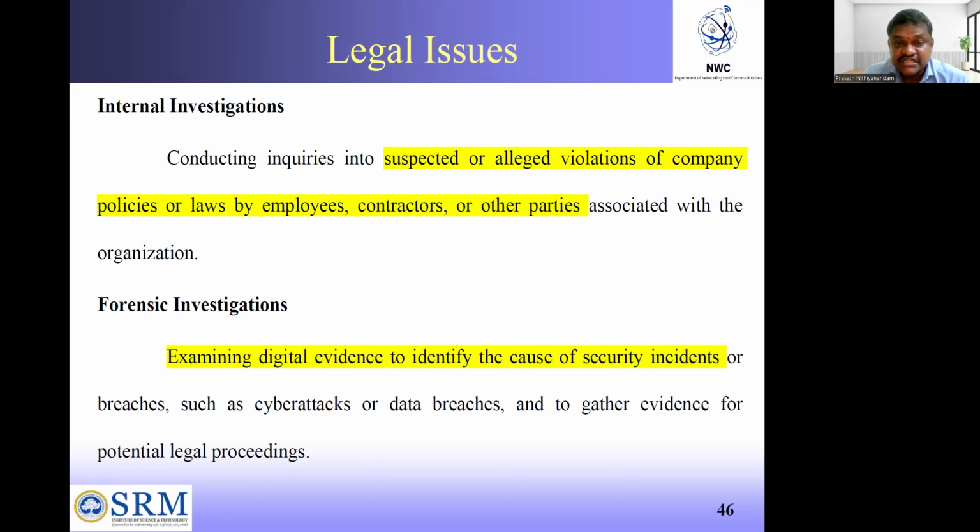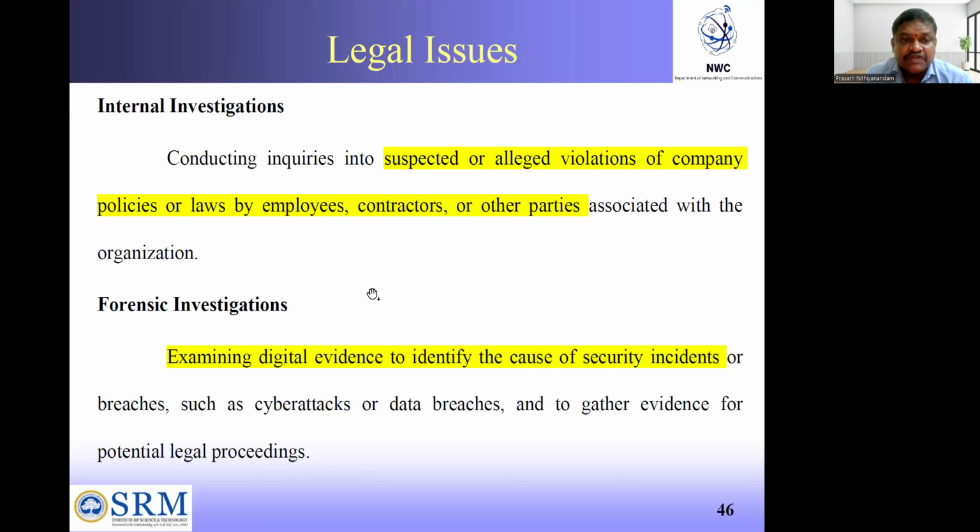This forensic investigation involves examining digital evidence to identify the cause of security incidents or breaches such as cyber attacks or data breaches. This process is crucial for gathering evidence that may be needed for potential legal proceedings such as lawsuits or criminal prosecutions.